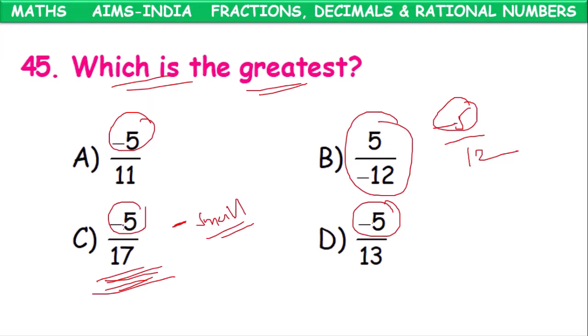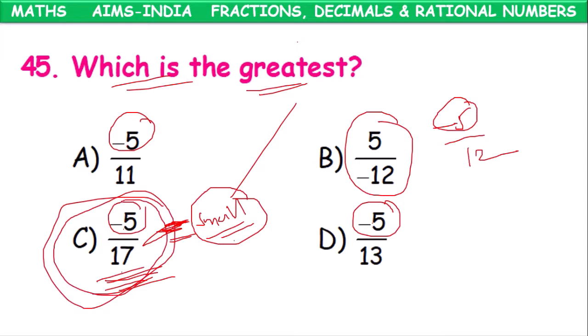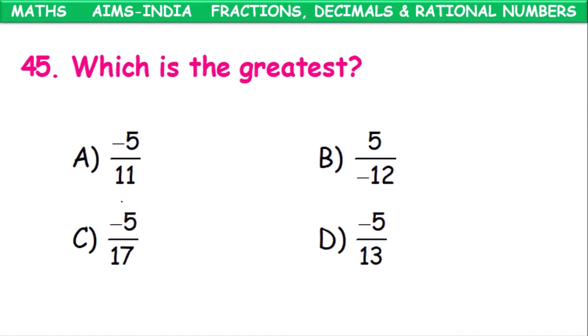But this small number is having a minus value. So in minus, the smaller number will be the greatest. So the greatest value is minus 5 by 17.